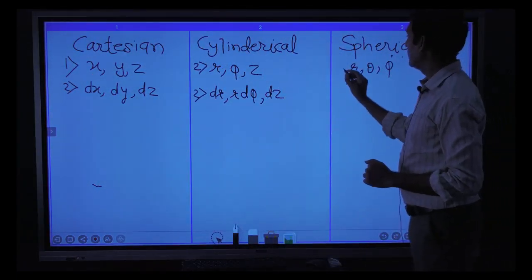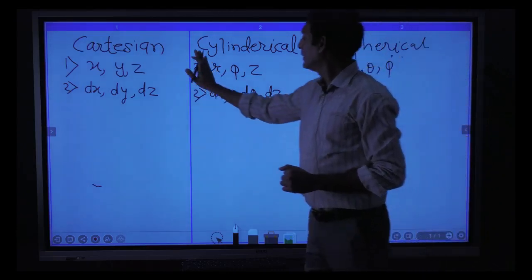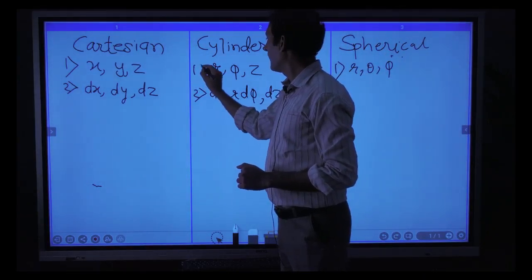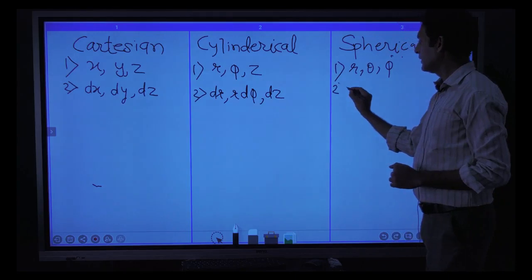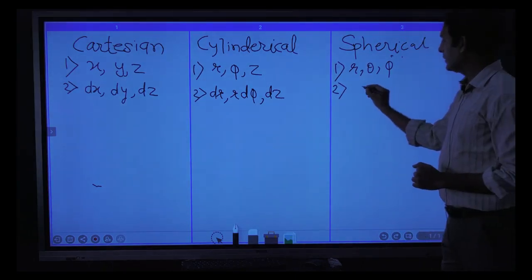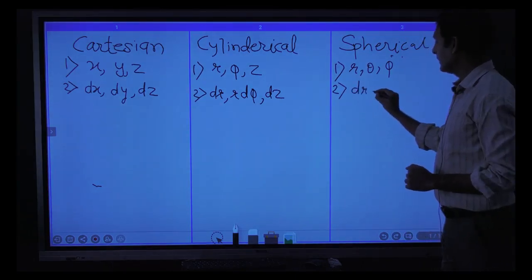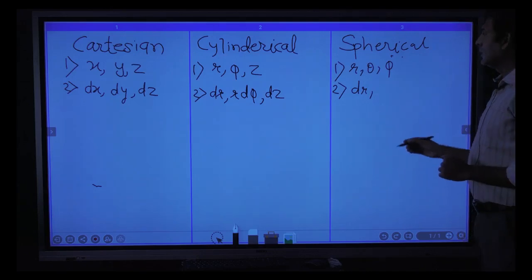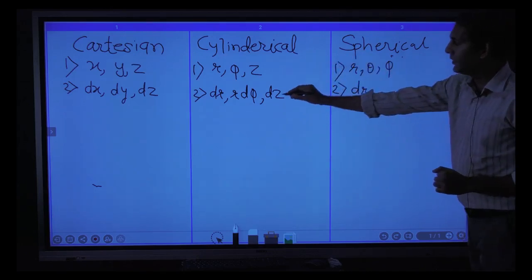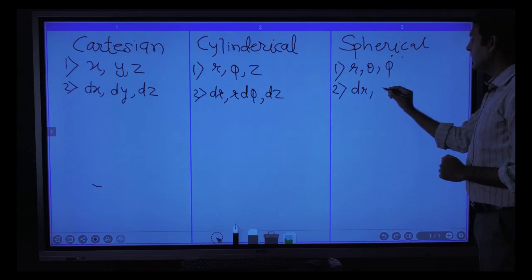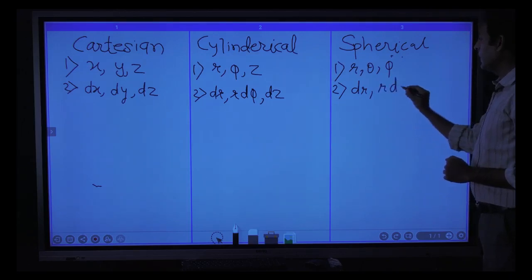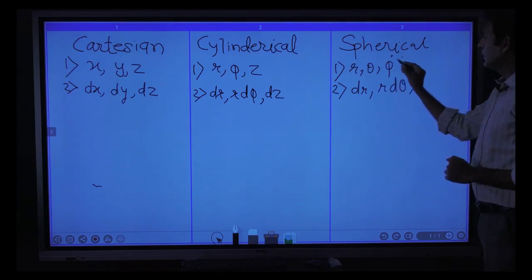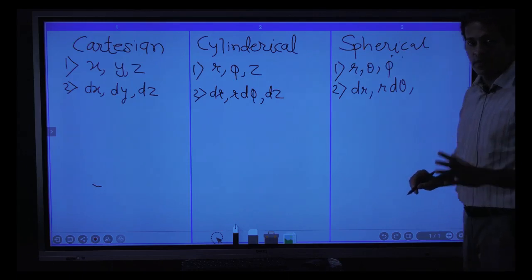Similarly, we have to remember for the spherical coordinate system. For the spherical coordinate system, the first one is the same as cylindrical, it is dr. The second one is also similar to cylindrical, but in place of phi we have theta. Second one is r d theta. Third one is something we have to remember precisely.